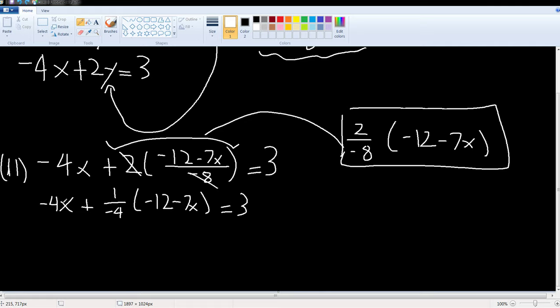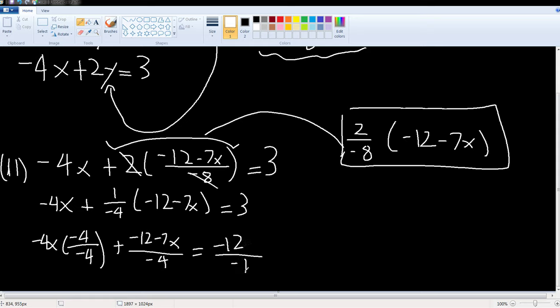If I want a common denominator for -4x, I'd have to multiply by -4, right? So I'd have -4x times -4 over -4. This stuff can stay the same, all over -4. This should be -12 over -4.